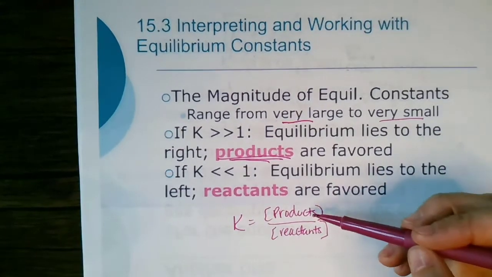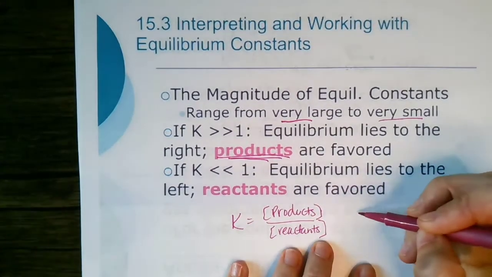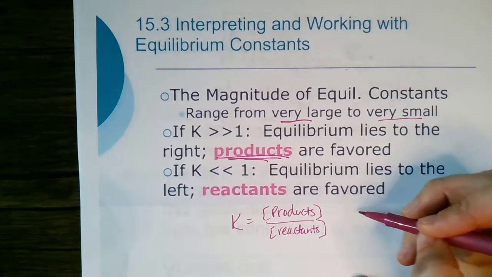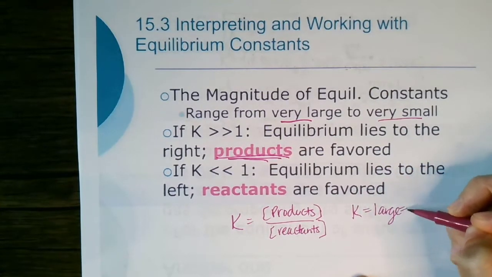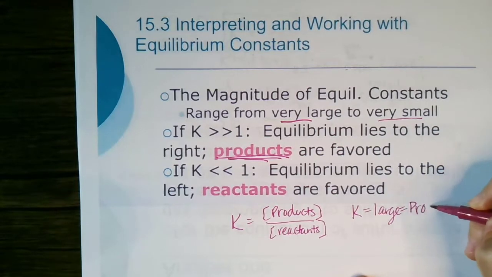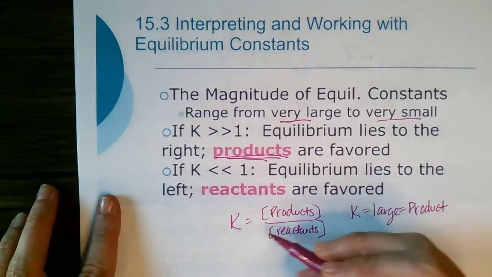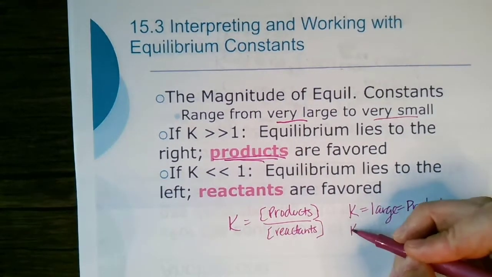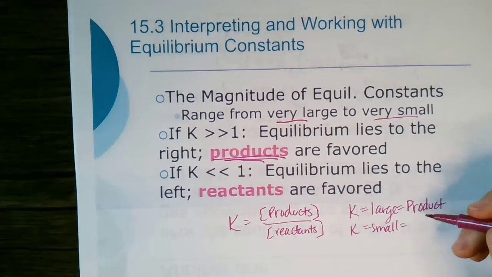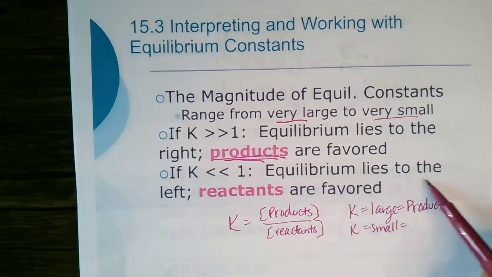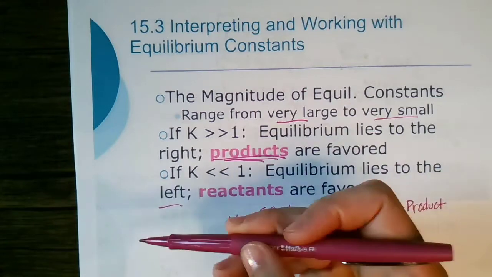So if I have a larger number on top, or greater concentration of products, so if K is large, then we have a product favored reaction. Now, if K is small, then we have a reactant favored reaction. So the equilibrium lies to the left. The reactants are on the left.